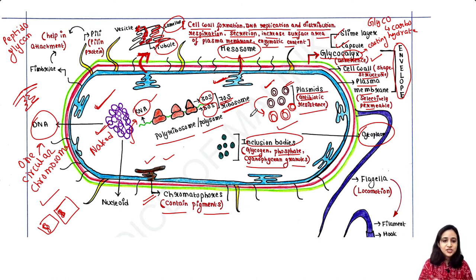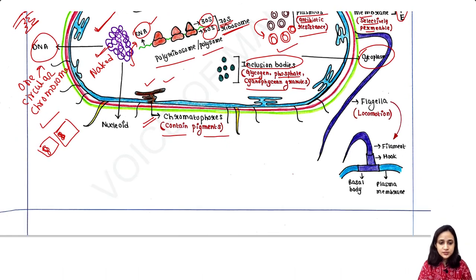Now, one thing to mention here: I have told that this mesosome helps in DNA replication and distribution. So, how does it do so? Suppose this is one cell. Here is the mesosome. The DNA or circular chromosome present in the cytoplasm gets attached to this mesosome. And the DNA is replicated.